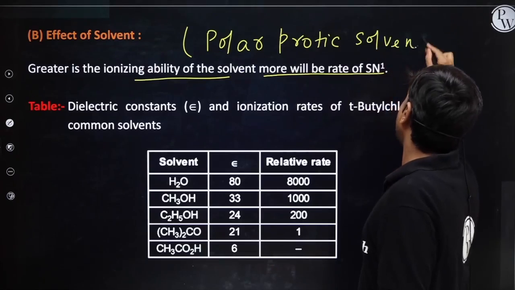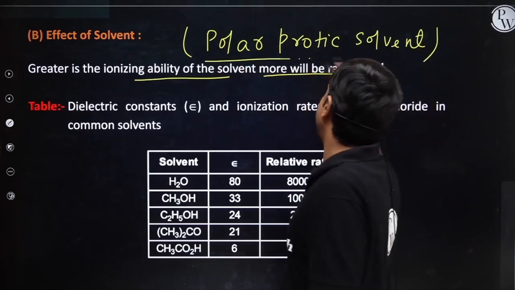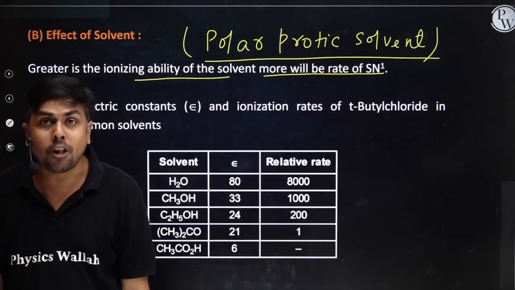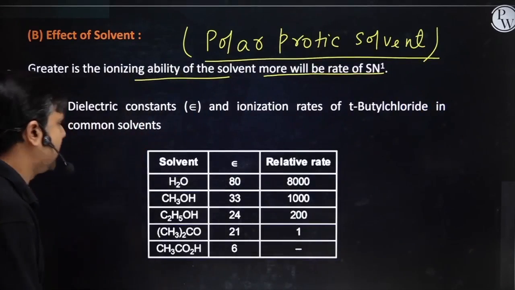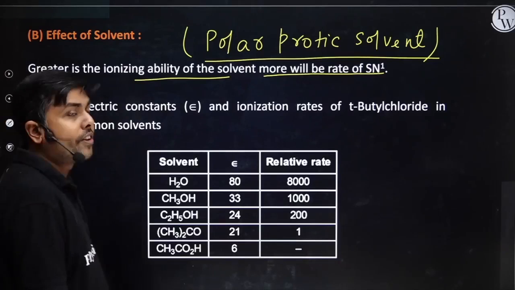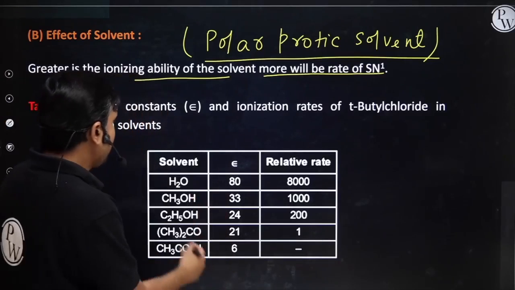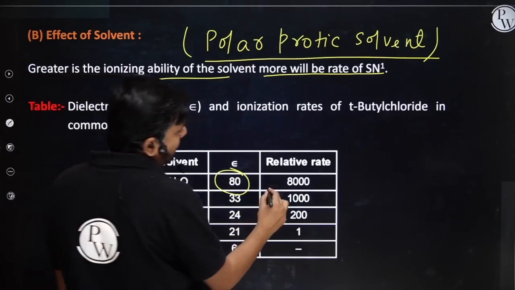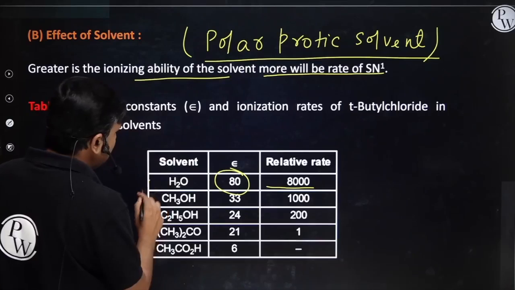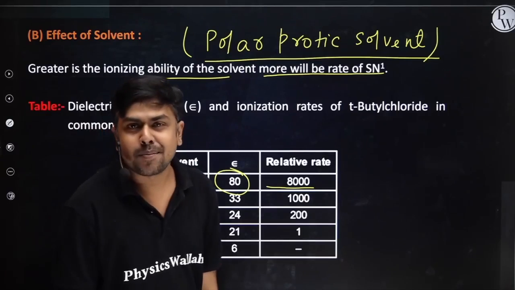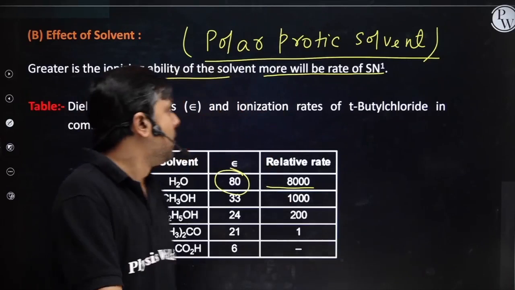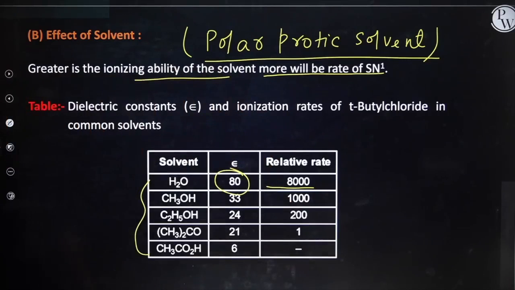So a solvent with higher dielectric constant will give SN1 reaction at a faster rate. Water, having the highest dielectric constant, gives it at a much faster rate as compared to these solvents. Am I clear?